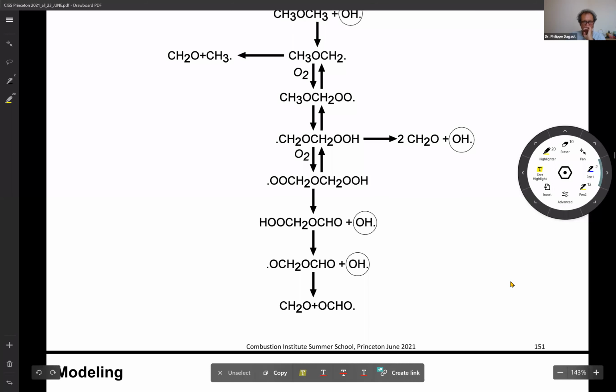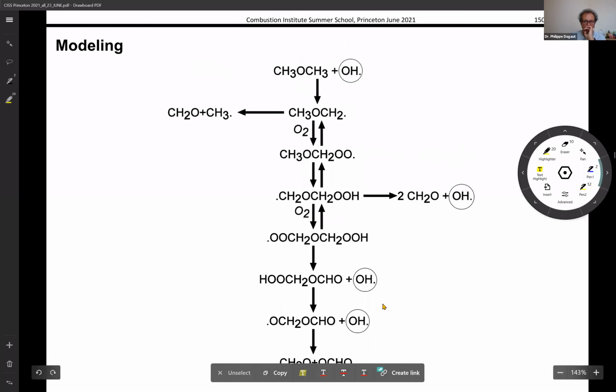When the temperature gets above around 600 K, all these channels will disappear. And this first hydroperoxy radical here will decompose and produce two formaldehyde molecules and an OH radical.